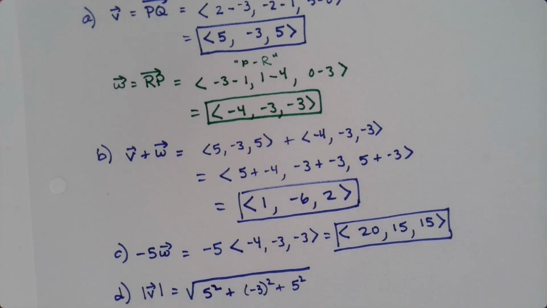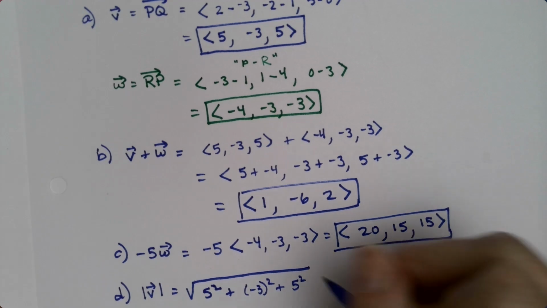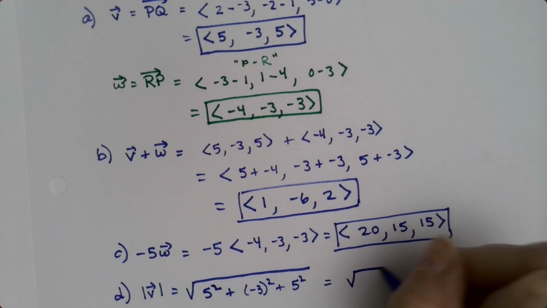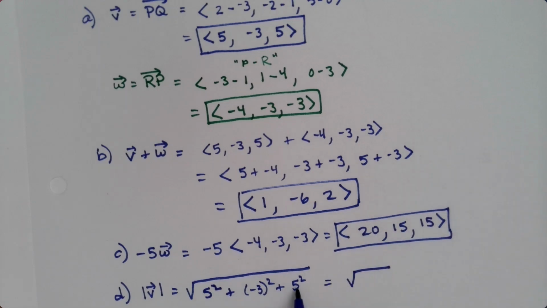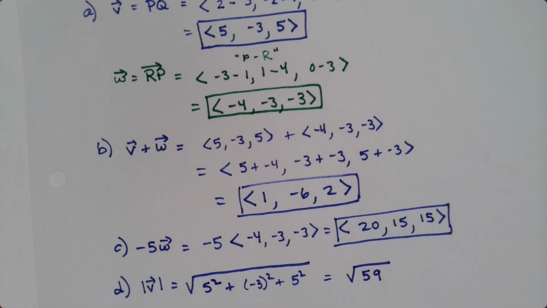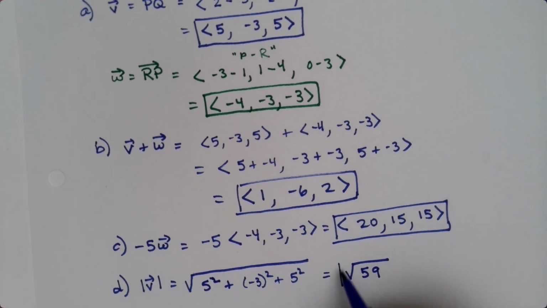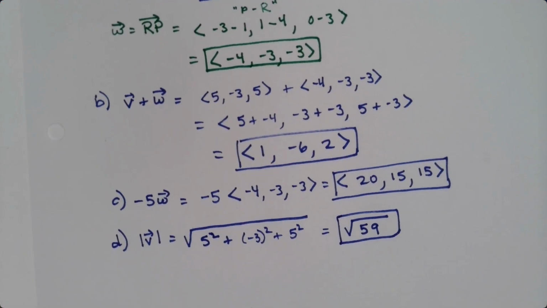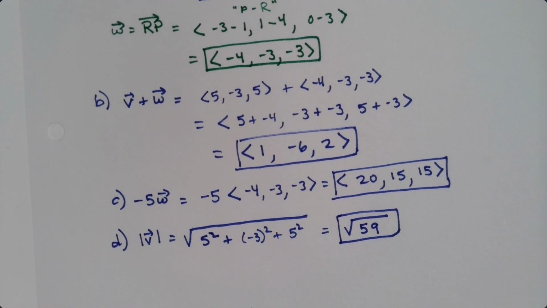Okay, so that's the square root of 25 plus 9 plus 25, which is 59. And that doesn't reduce at all, so we can just leave it right there. That's perfect. As far as I know, off the top of my head, I don't think there's any perfect squares that go into 59.